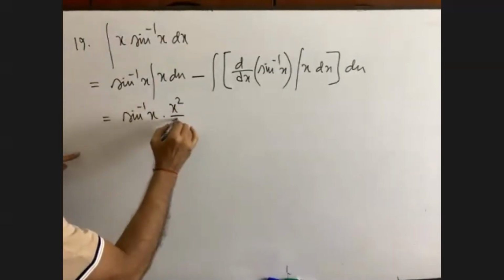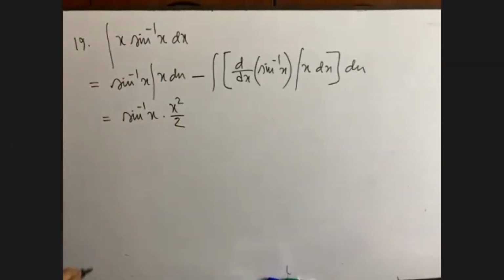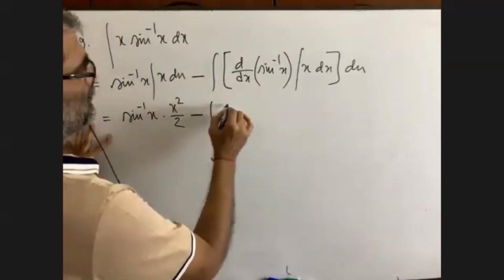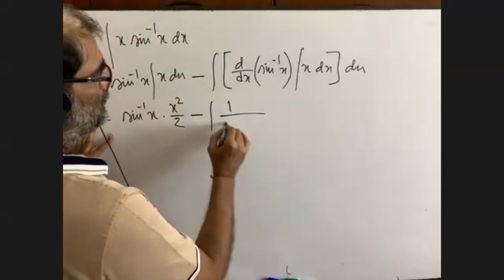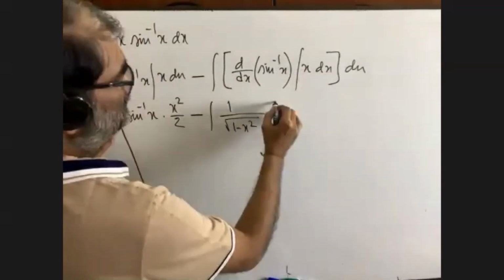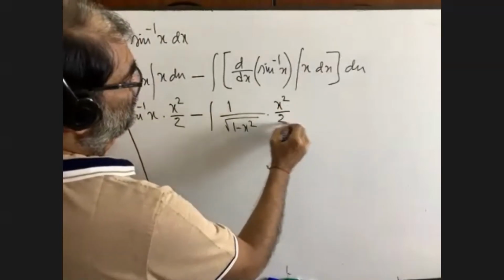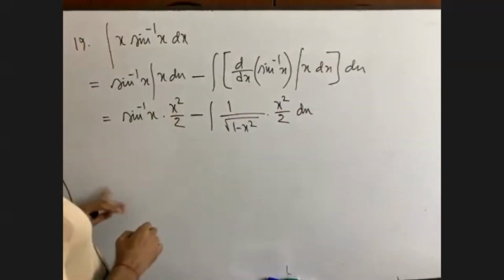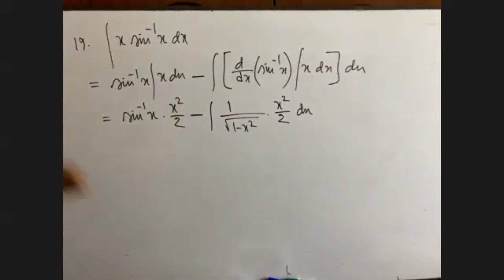X square by 2, right? Minus integration sign, it is 1 by root over 1 minus x square dot x is x square by 2 dx. Right?